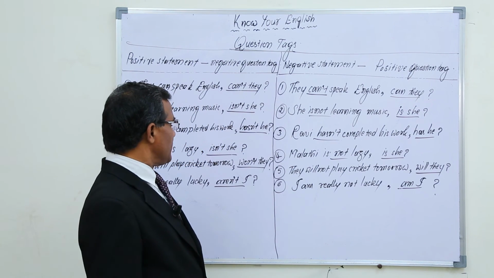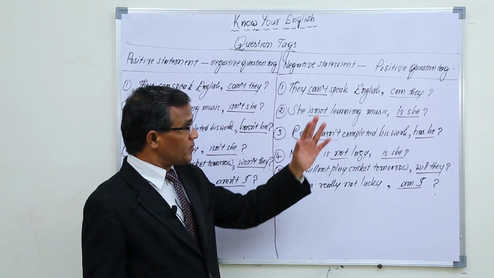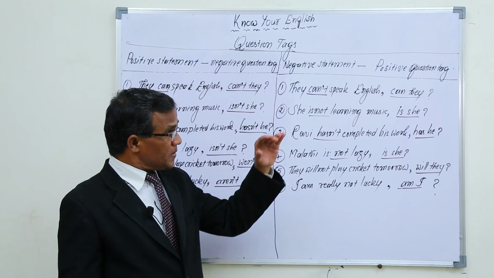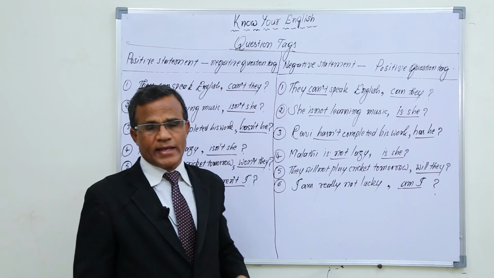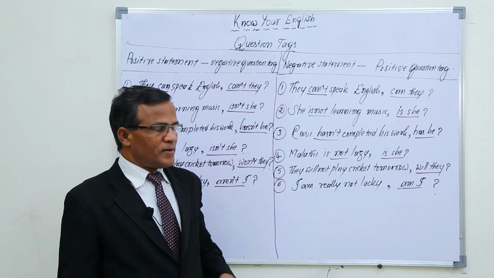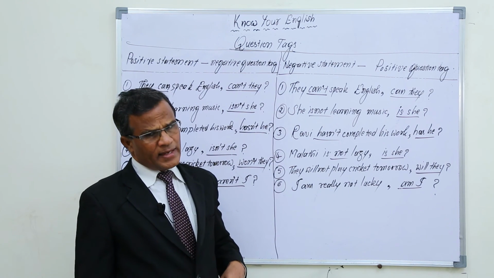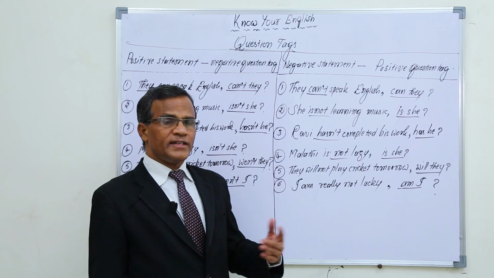And sometimes, when the rising voice is there at the place of the question tag, the person asks for some information. For example, he hasn't completed his work, has he? We are raising the question tag there. It means we want some information. The other person can give an answer like, no, he hasn't completed his work.